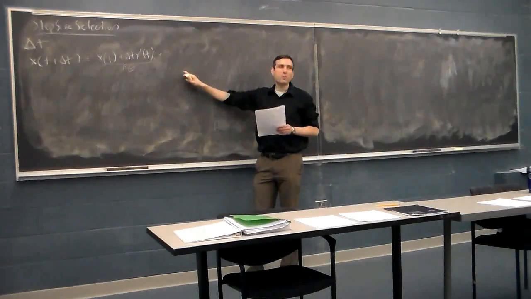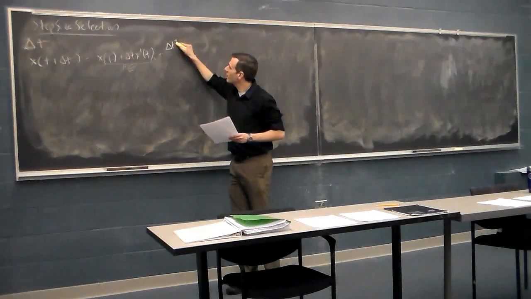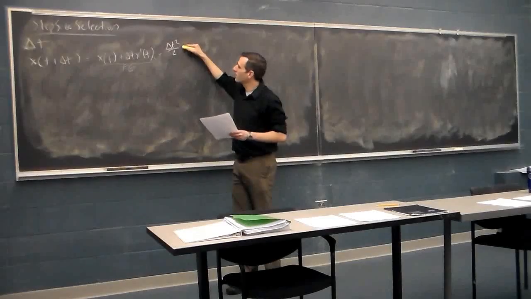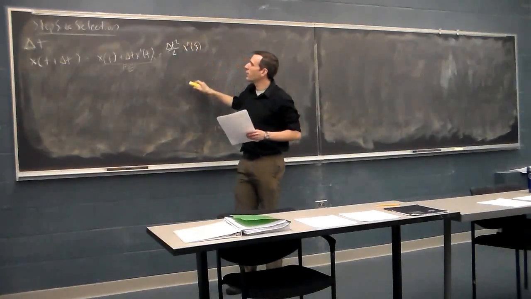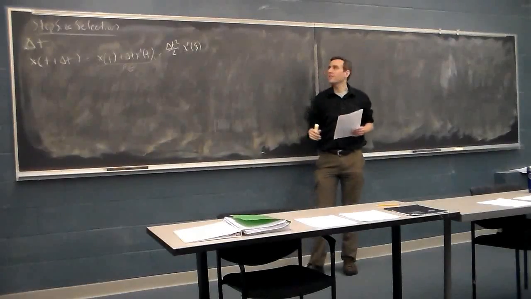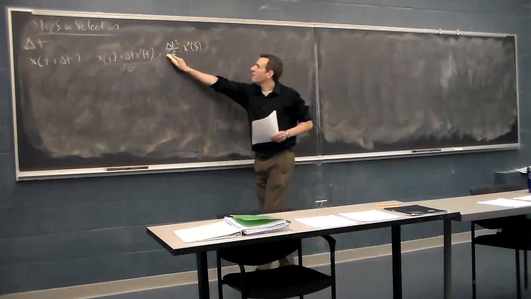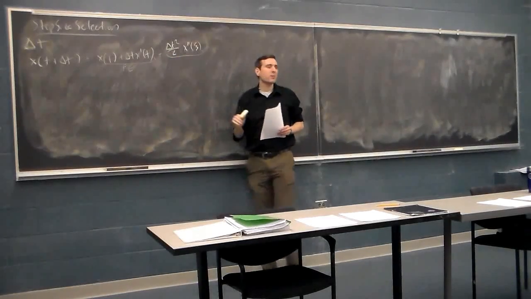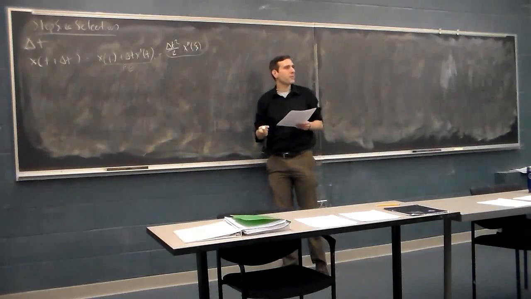And if we want to be more specific using the truncated Taylor series, the delta t squared term has the form delta t squared over 2 x double prime of some unknown psi between t and t plus delta t. And we can use that, if we really want to try to put a more explicit bound on what step size would be appropriate for a given problem.